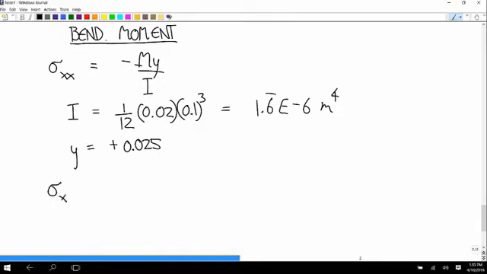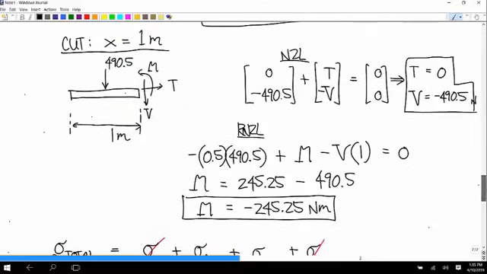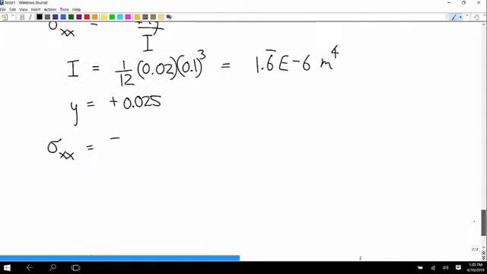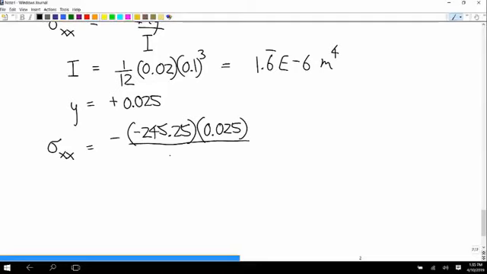And so the stress is negative of negative 245.25 times 0.025, divided by 1.6 repeating times 10 to the minus 6. And what do you get for that?